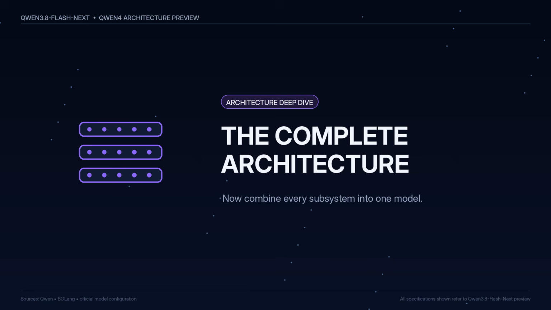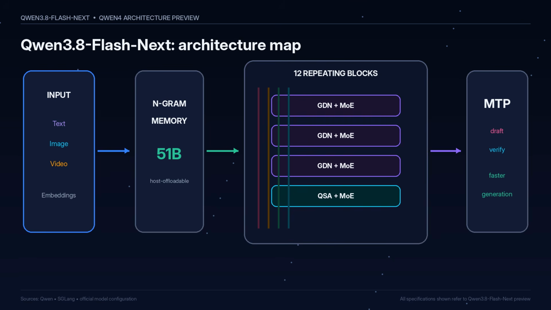So what does the full architecture look like? For this Qwen3.8 Flash Next implementation, imagine this. Tokens enter the model. You have normal token embeddings plus a giant n-gram lookup memory near the beginning. Then the network enters the main stack. 3 gated DeltaNet layers, each followed by mixture of experts.